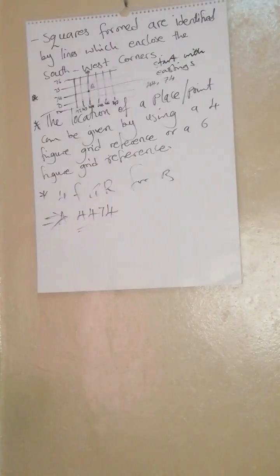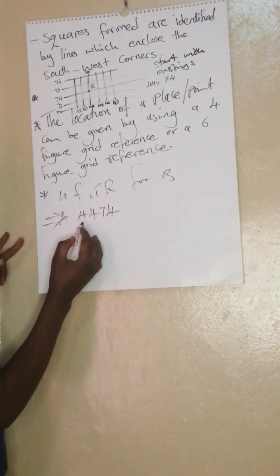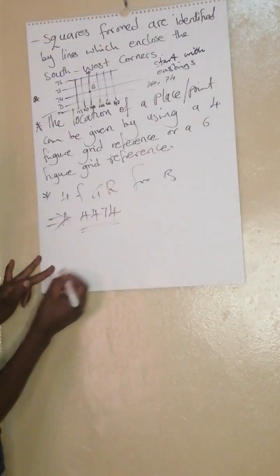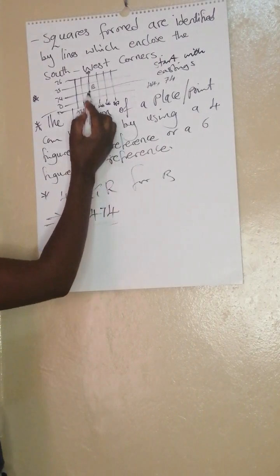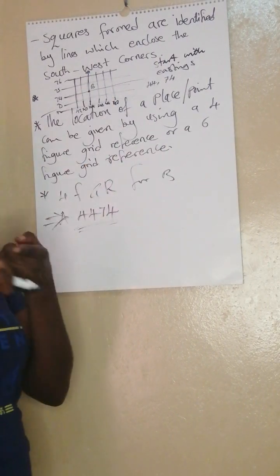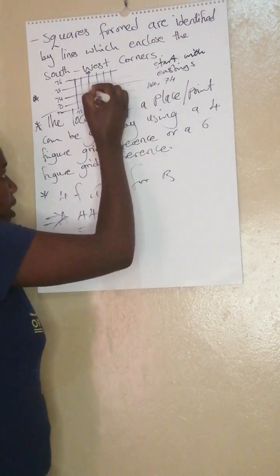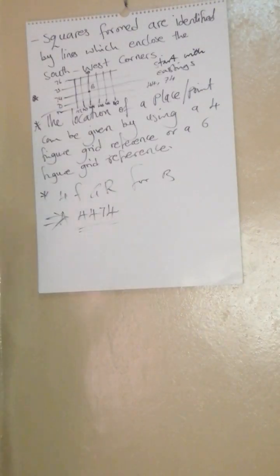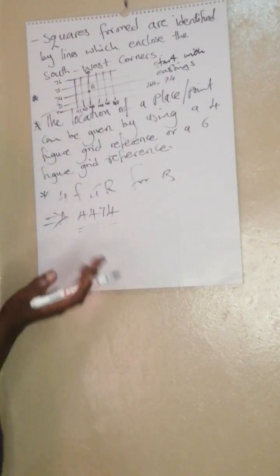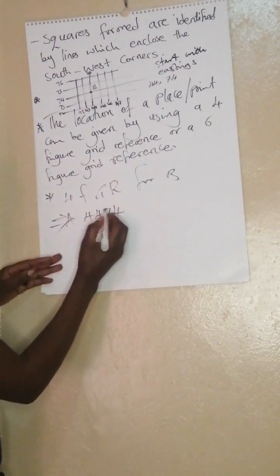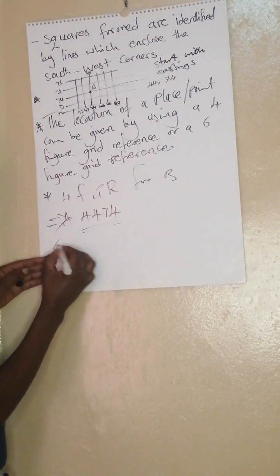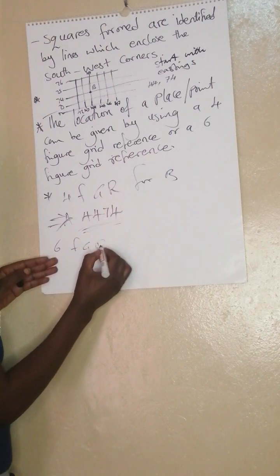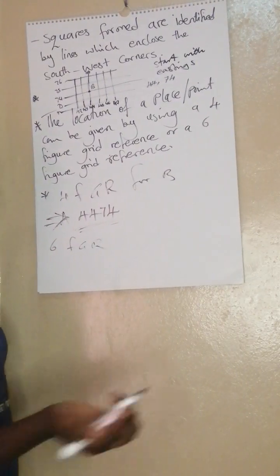How do we find the 6-figure grid reference? Just like the way we find the 4-figure grid reference, we look at the lines where they are crossing at the corner there. Then we start with the eastings, then go to the northings. The only difference is that for the 6-figure grid reference, we need to have 6 figures.